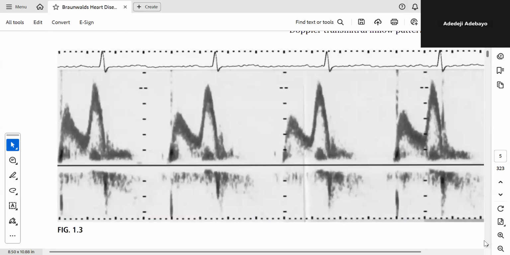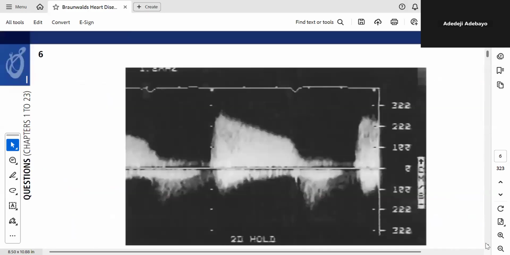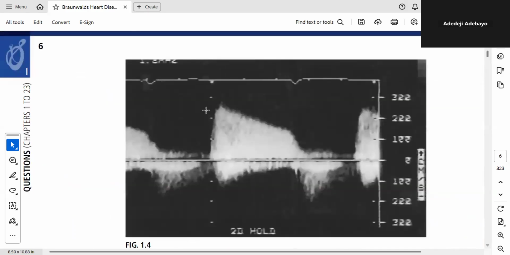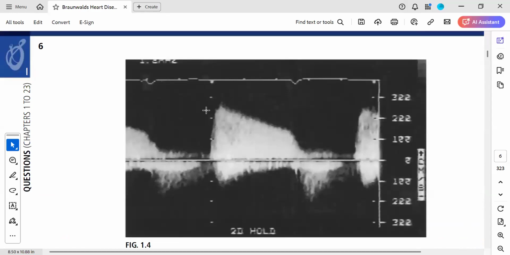Looking at the descriptions in the question, the opening snap and the mid-diastolic rumbling murmur are in keeping with auscultatory findings in a patient that has mitral stenosis. Now, if you look at figure 1.4, it's showing a colored Doppler spectral tracing of transmitral flow.